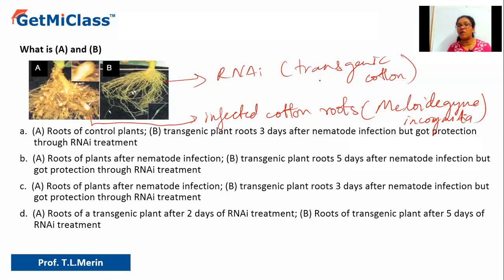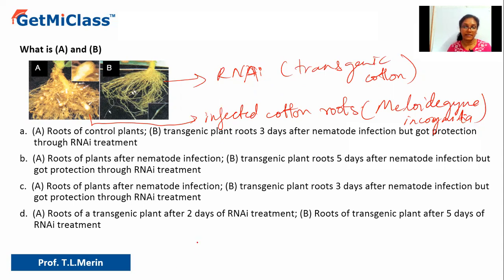Because we have performed a transgenic process where we have introduced the gene in the form of an RNA, which produces an RNA and brings about interference in the translation process, and it will convert the single-stranded RNA into double-stranded RNA. And that will silence that RNA and there will not be any production of the protein.